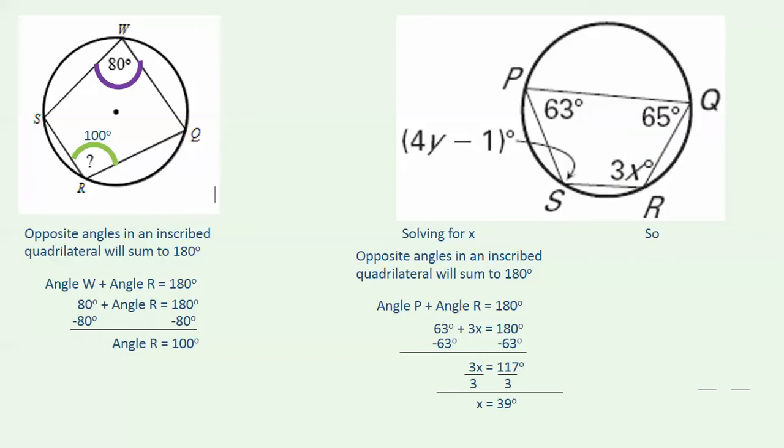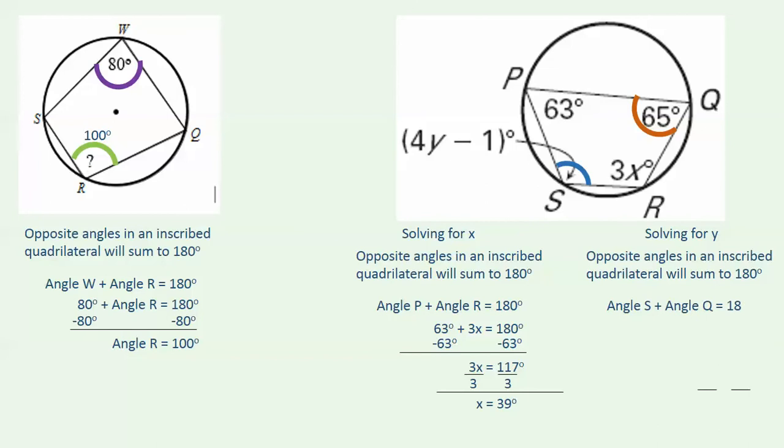Now, let's solve for y. So, opposite angles in an inscribed quadrilateral will sum to 180 degrees. So angle Q plus angle S will have to equal 180 degrees. Angle S is 4y minus 1. Angle Q is 65. So 4y minus 1 plus 65 will equal 180 degrees.